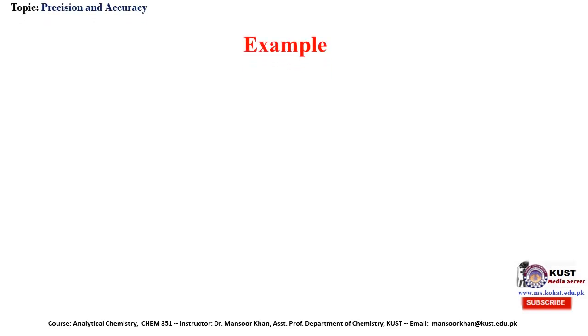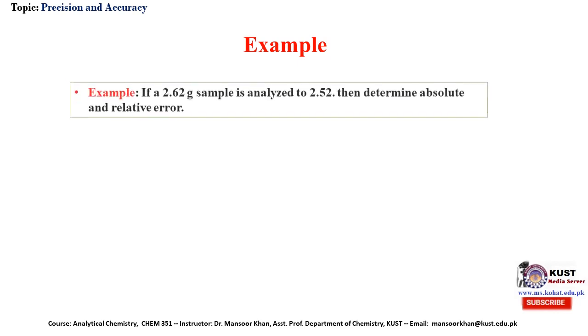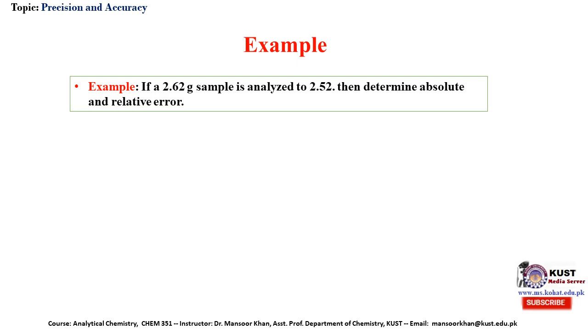This slide shows an example which will explain both absolute and relative error. The statement of the example is: if a 2.62 gram sample is analyzed to be 2.52, then determine absolute and relative error.